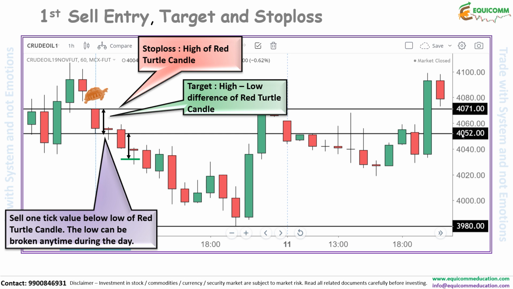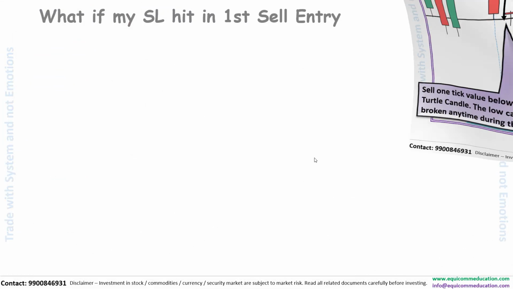So 4051 minus 19 comes to 4032. Sell at 4051, keep your target at 4032. I hope you have got clarity about target and stop loss. So let's make a move and see further.